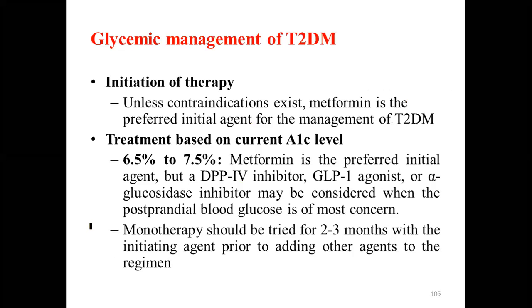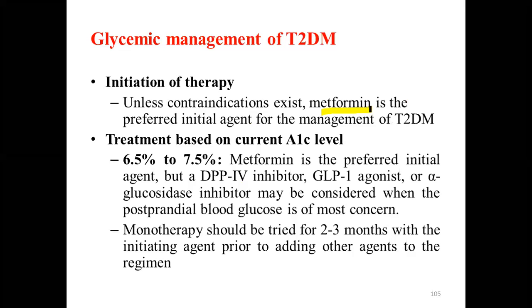Okay, then let's see the principle of glycemic management in type 2 DM. Remember, if there is no contraindication, metformin is the front-line, initial drug in the management of type 2 DM. Then, in terms of monotherapy versus combination therapy, what guides you?